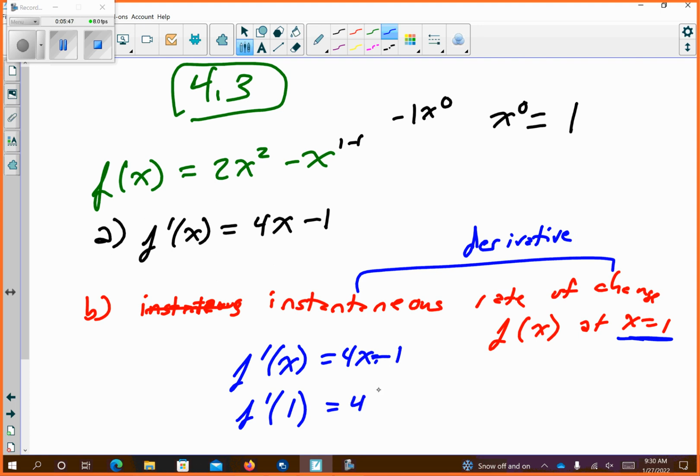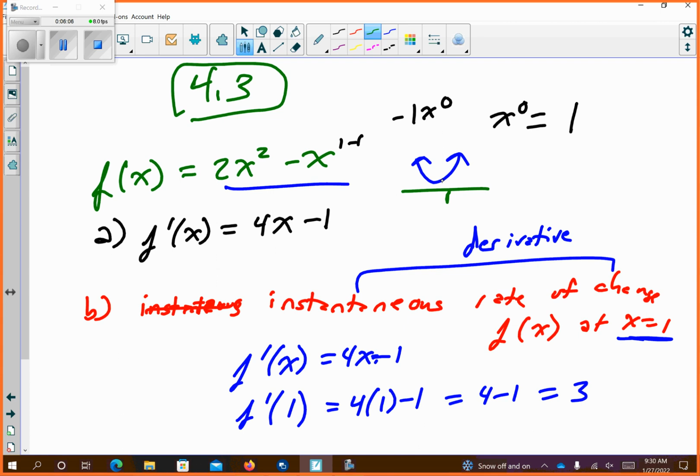So I'm going to get 4 times 1 minus 1, which is 4 minus 1, so it's 3. So on our original graph, which is a parabola, if I got to 1 here in the x direction, exactly to this point right here, the tangent line slope would be equal to 3, or 3 over 1.